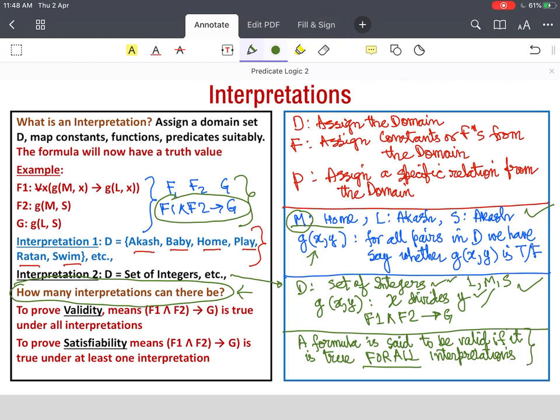And this formula is valid. So we really need to be able to prove that this formula is valid. A formula is said to be satisfiable if it is true under some interpretation.